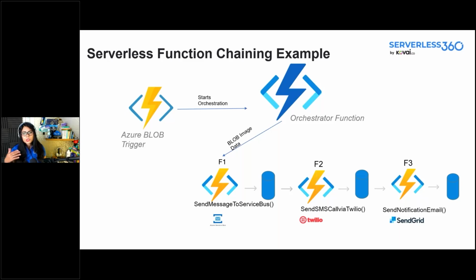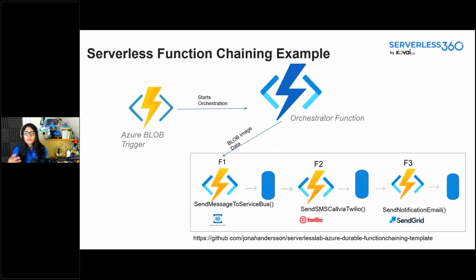The reason I'm showing this to you is not just to illustrate the function chaining pattern, but also to give you an example that with serverless solutions in Azure, or even durable functions, you have the capability to work with Azure services and external services like Twilio and SendGrid.